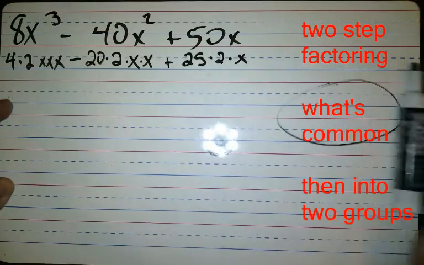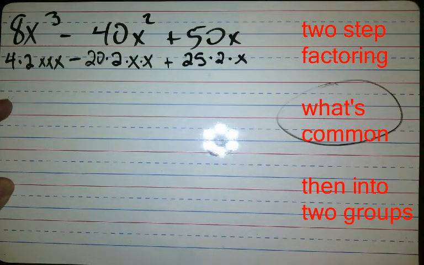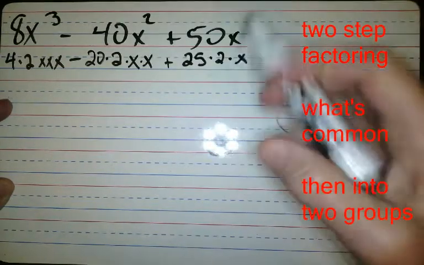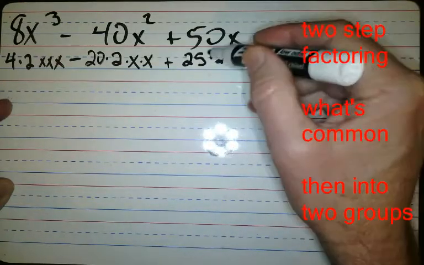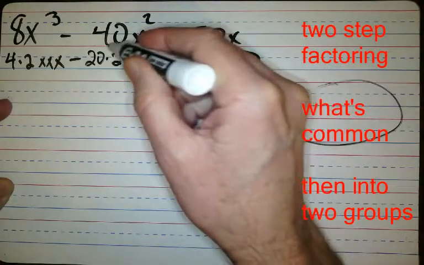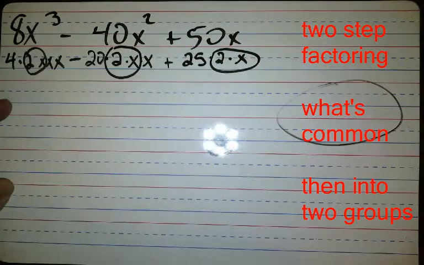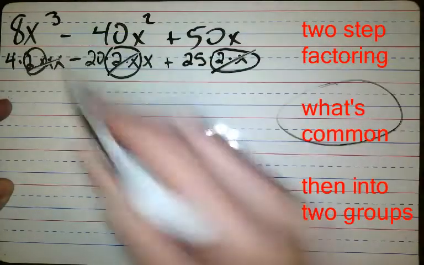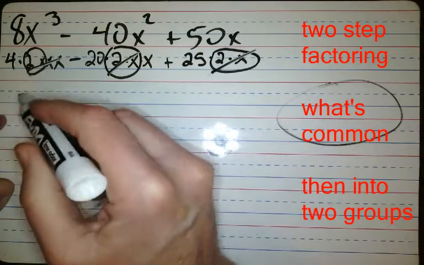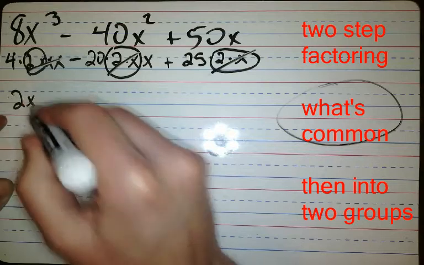Now then, you're supposed to look and see what's common to each thing. I can see right here that there's a 2x and a 2x and a 2x, right? So if I take out what's common, like it says, I'll have 2x out in front.